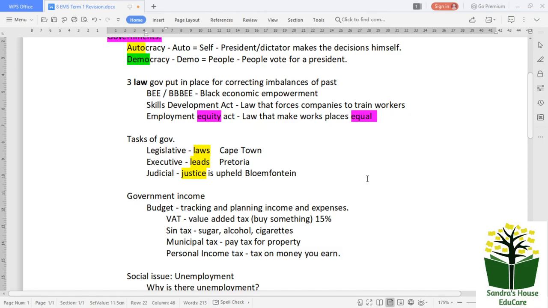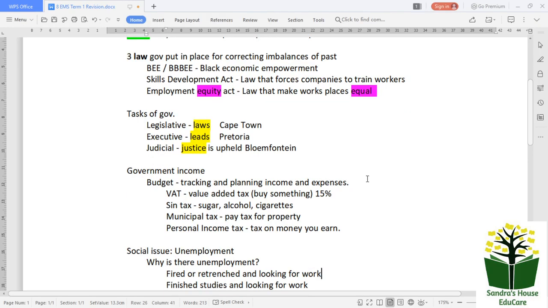If you earn less than more or less 6,000 Rand, it changes every now and then, you don't have to pay tax. But the more money you earn per month, the more tax you have to pay. So we get different tax brackets where someone that earns a lot of money has to pay a bigger percentage tax than someone who doesn't earn a lot of money. And if you earn less than 6,000 Rand a month, then you don't need to pay tax at all.